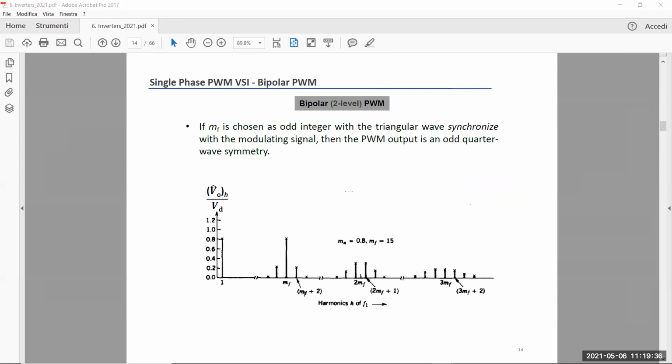So it means that the filter action here is not so effective with respect to that you can have in the unipolar one. But this comes as no surprise, because it's the same effect that you have in the four-quadrant converter.